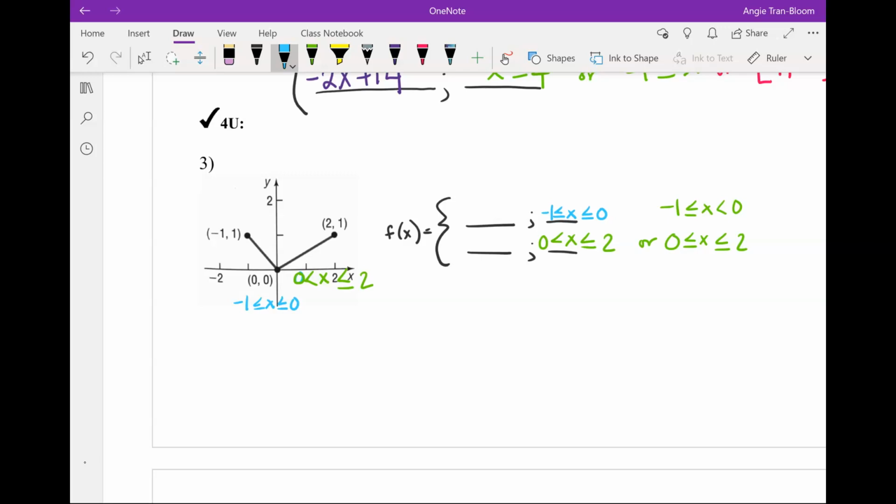So what's your entire equation for that first piece? 1 minus 0 over -1 minus 0. Okay, are you talking about the equation for the slope? Yes. 1 minus 0 over -1 minus 0. Good. So the slope is -1.